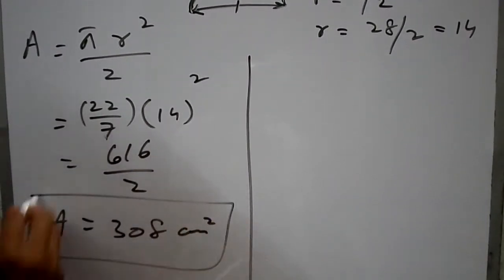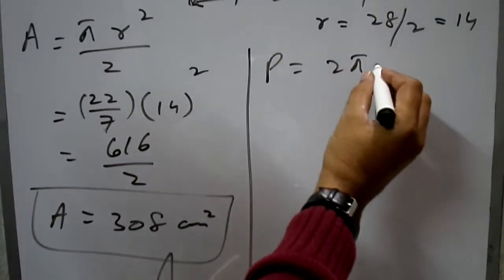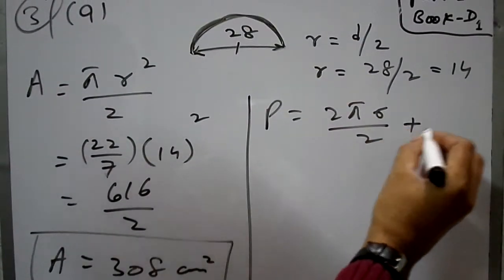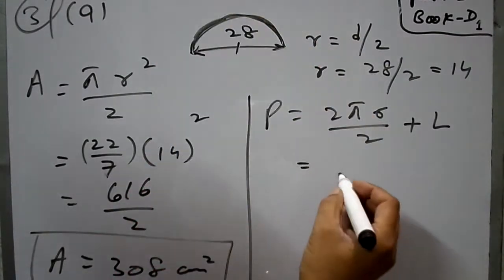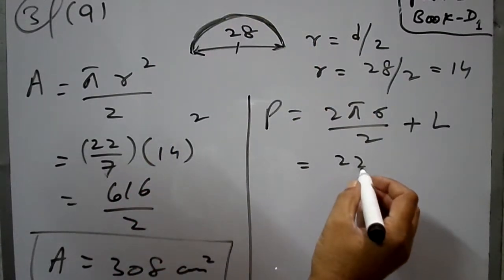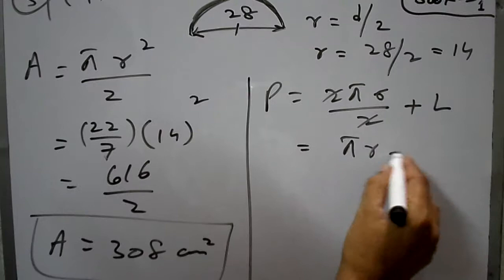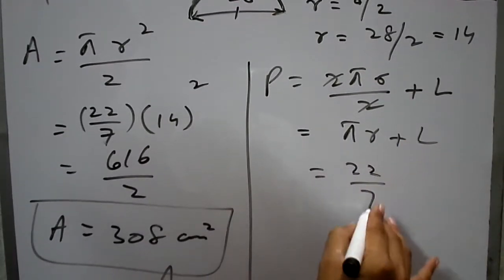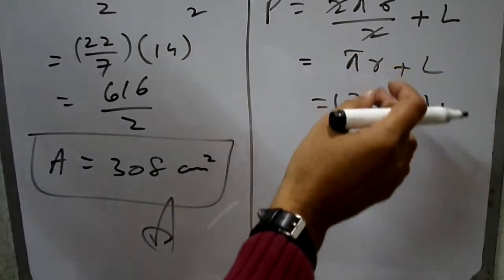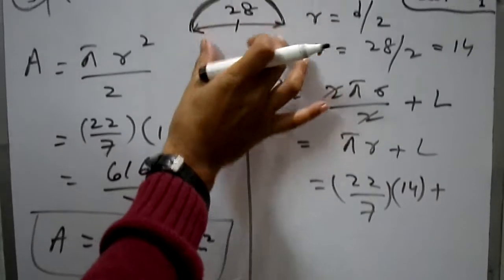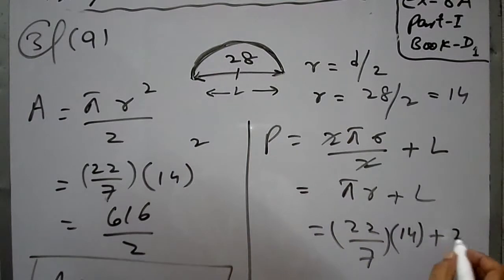So that is your area. Now coming to the perimeter of a semicircle, we have a formula, that is 2 pi r by 2 plus L, because it is the perfect formula to find the perimeter. So putting the values, this 2 will be cancelled, so you will get pi r plus L. The value of pi is 22 by 7, the value of r is 14, plus L, and the value of length is the diameter, that is 28.